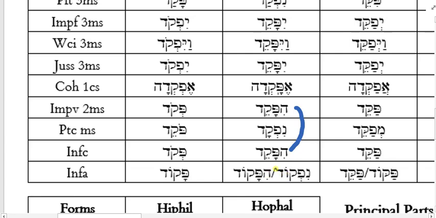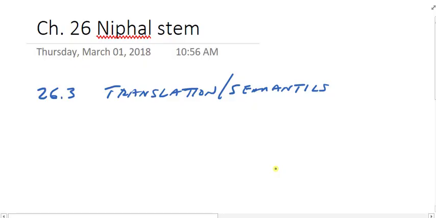All right. Well, that's really all I want to say about how to form these. The last thing really to say from the chapter is how do we translate the Nifal verbs. So let me just say this, okay? The most frequent, so this is why I'm going to number it number 1.